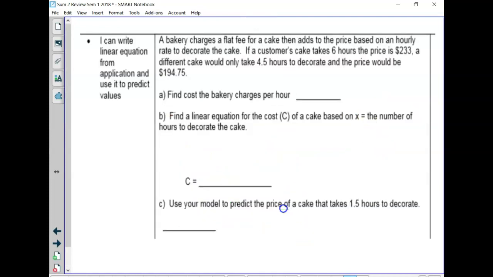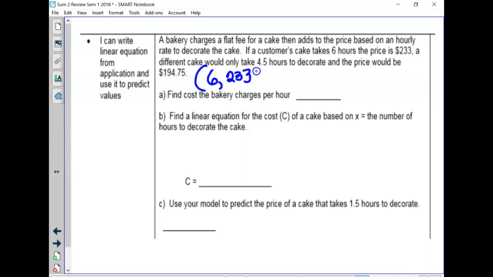Okay. Application problem. A bakery charges a flat fee for a cake, then adds to the price based on an hourly rate to decorate it. That's not us. If a customer's cake took 6 hours, it costs $233.